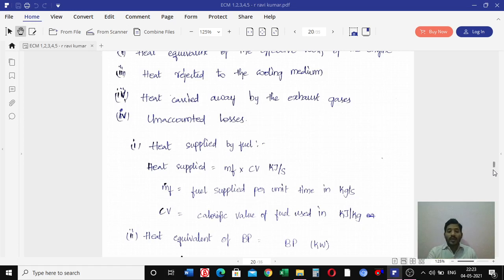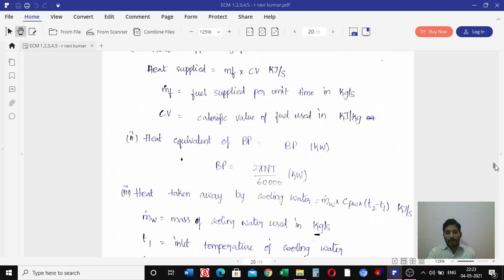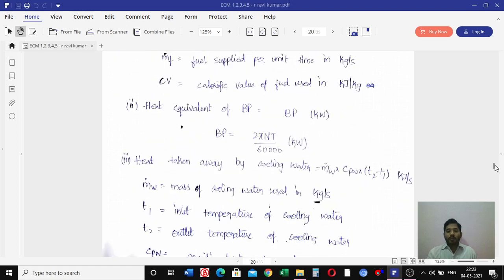The second one is the heat equivalent of BP. The heat equivalent of BP we can measure by 2 pi N T by 60,000 kilowatt.